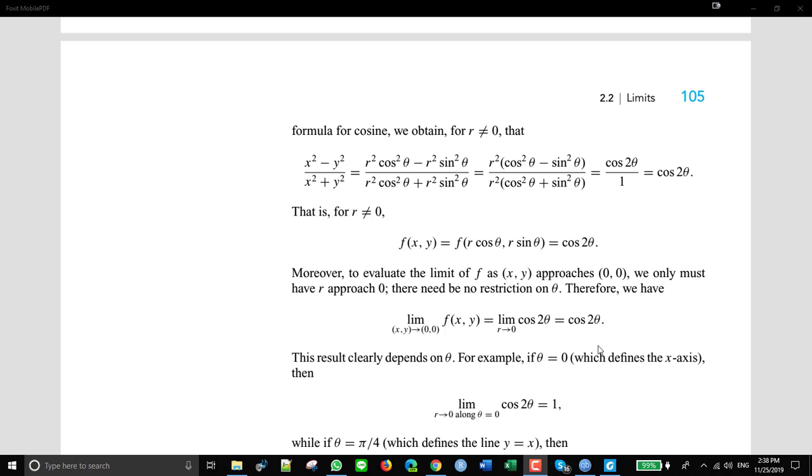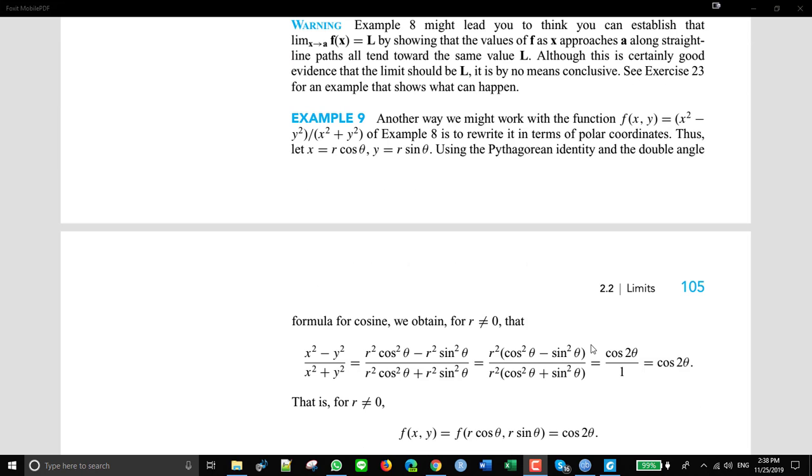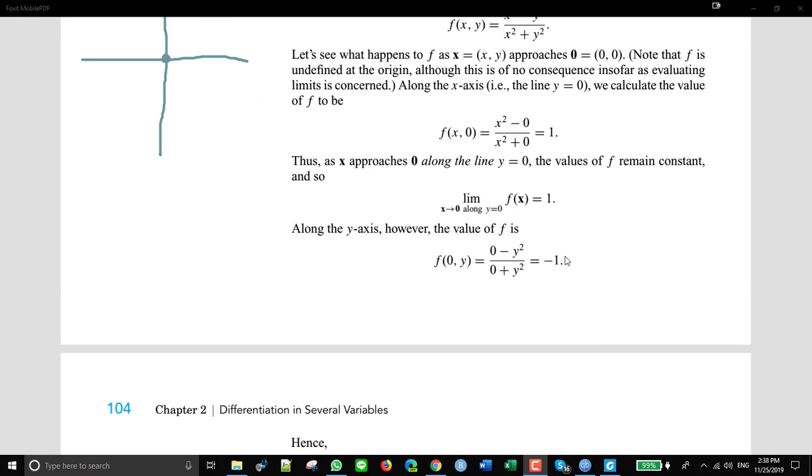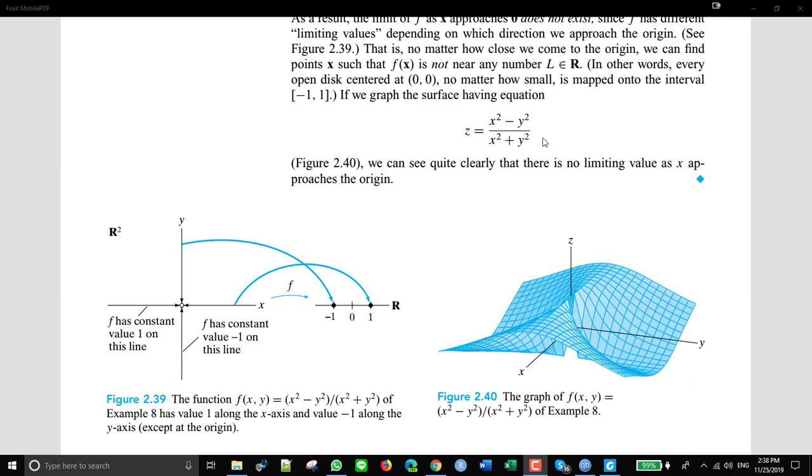So is that right? Well, we already found the limit for various paths. So let's go back to one of the easier ones. We took this path, which was when y was equal to 0. We found that that was 1. Well, now we found a different expression.